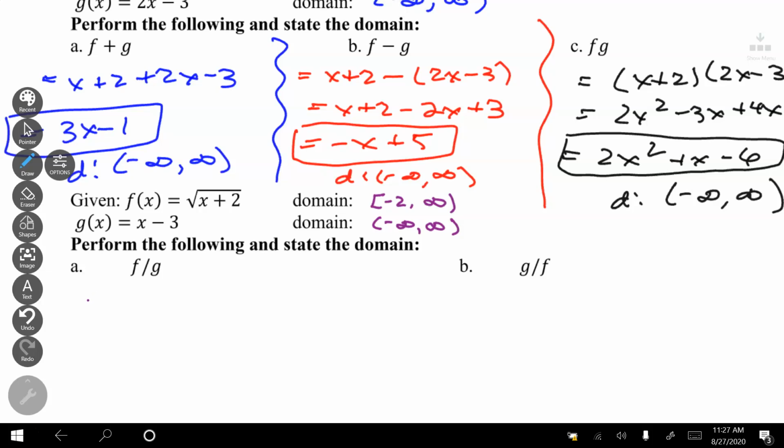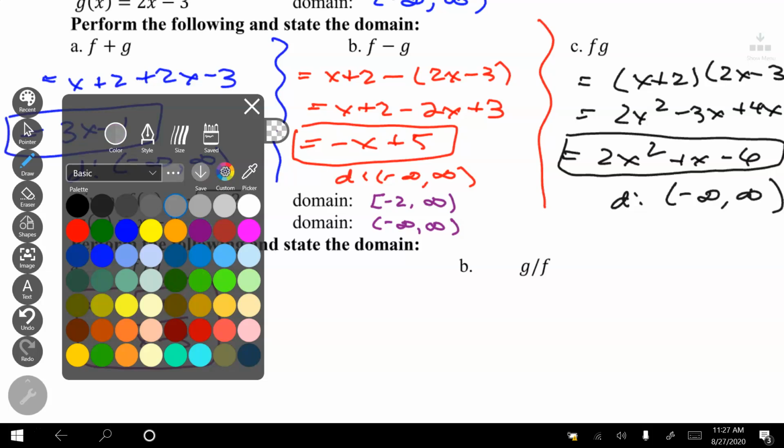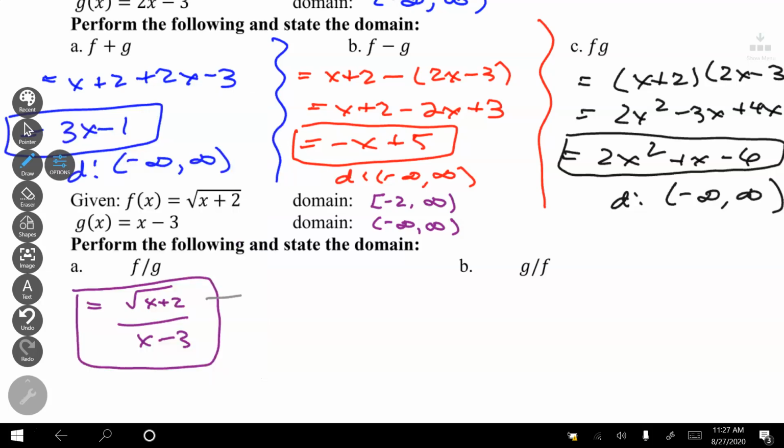So f over g is pretty easy. f is on top, g is on the bottom, and we get our function. But are there restrictions involved? Well, this one we know is -2 to infinity from what we said earlier, but this one has a restriction where x cannot equal 3.